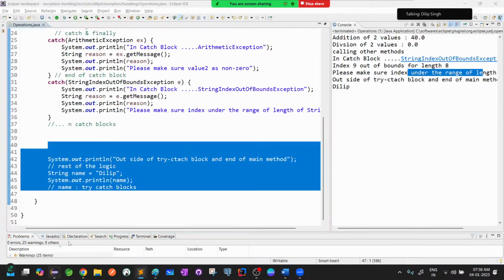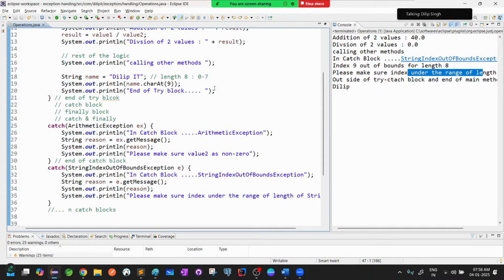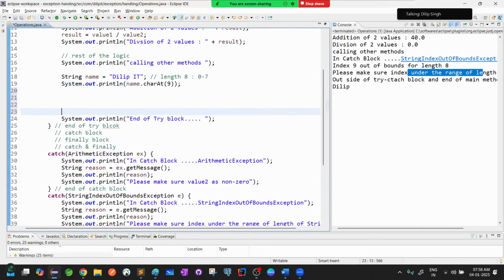Now tomorrow if you are having any logic here, assume you are writing one more logic here, some other logic, some values you are taking, for example, array operations.